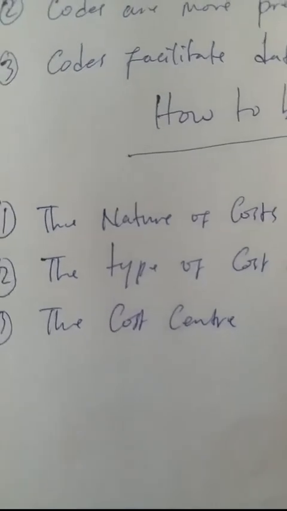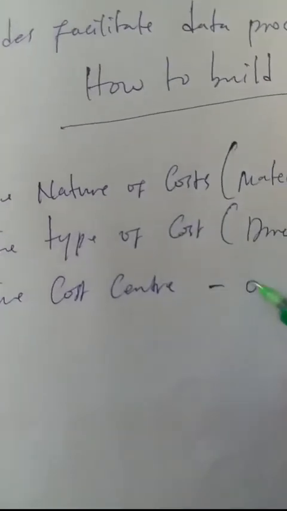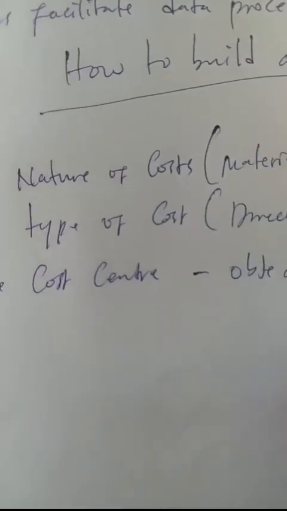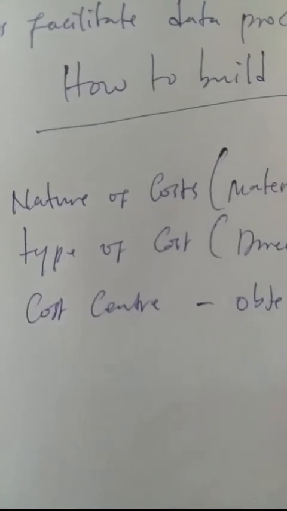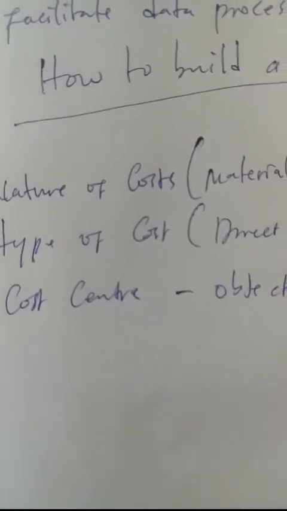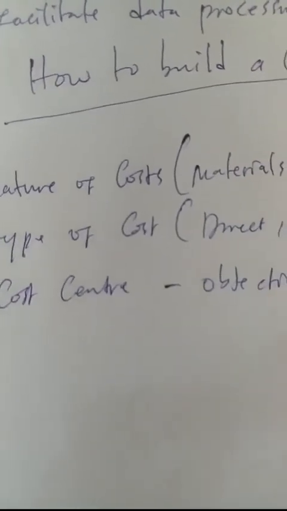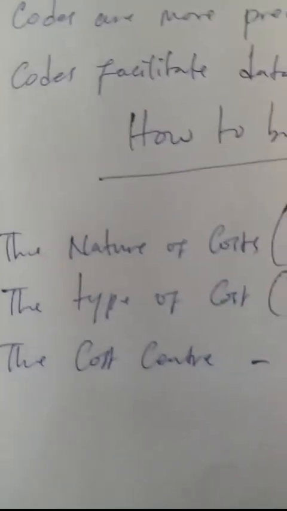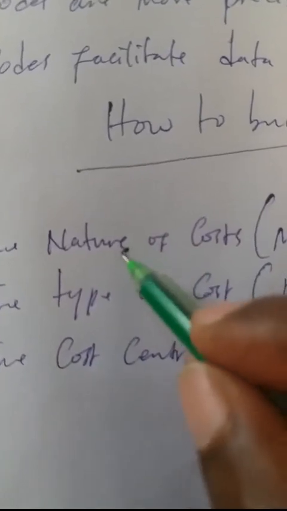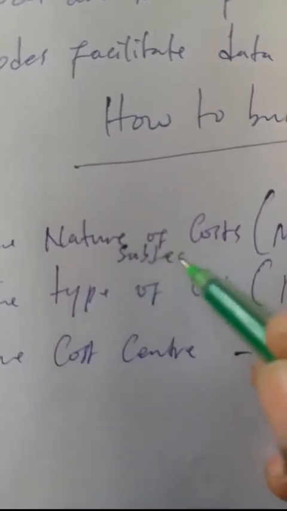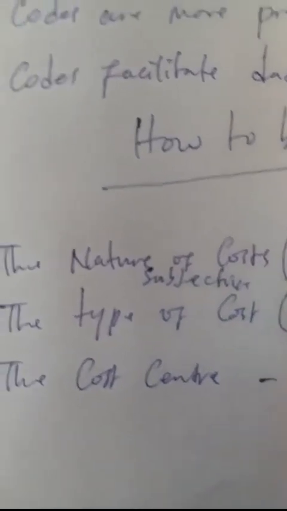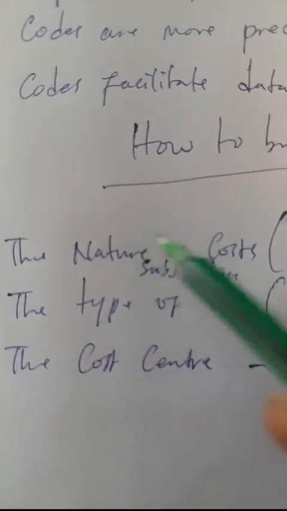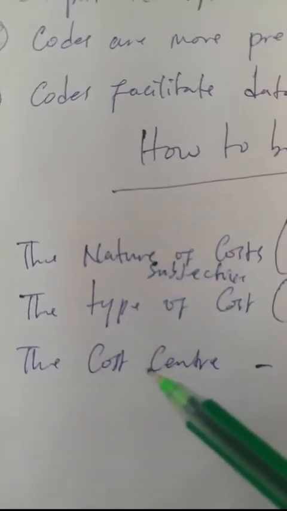This is known as objective classification. The nature is called subjective classification, where you give the subject of your code. What is the code all about?